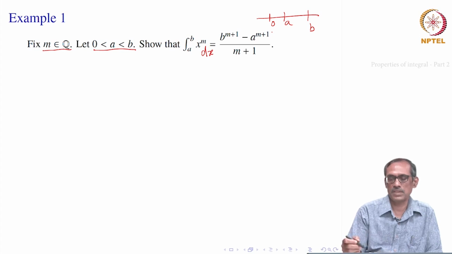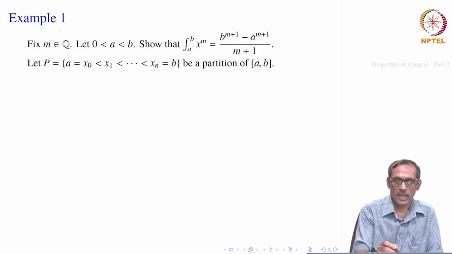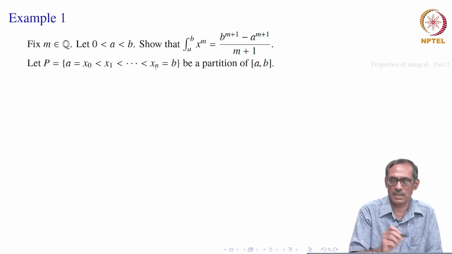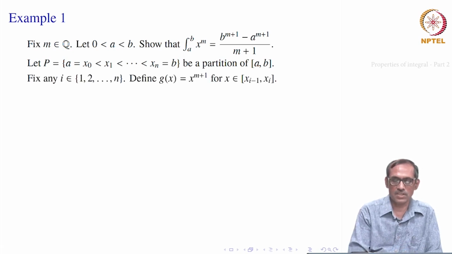To show this, we would have to really compute the Riemann sum, take the limit and see that it happens. But let us see how we proceed. We take a partition of the interval a to b, which is x 0 less than x 1 less than up to x n, which is b. Let us fix any i between 1 to n.